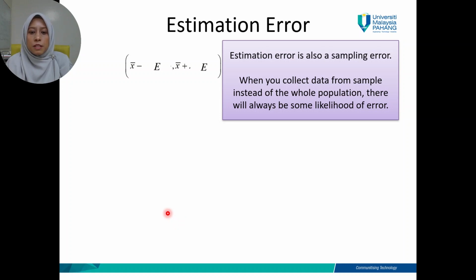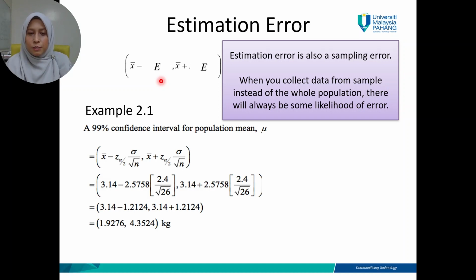Now let's recall our example 2.1. In the previous example, we obtained a 99% confidence interval to estimate the population mean of the weights of steel sheets. You still remember, right? The confidence interval is given by these two values.